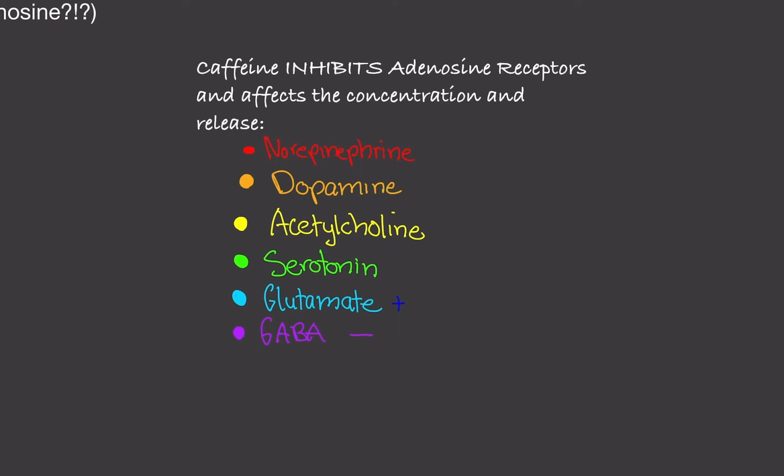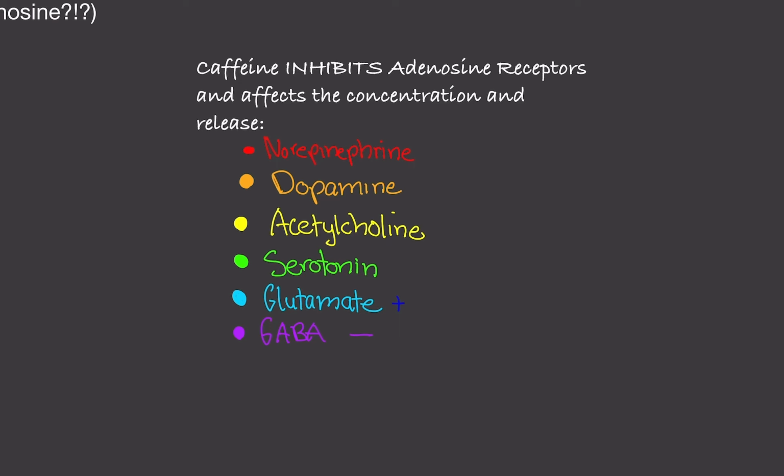Well, what happens is that caffeine comes along and tells acetylcholinesterase, hey, stay in the synapse, don't continue breaking down acetylcholine. Normally, acetylcholinesterase comes along and breaks down acetylcholine, so it cannot bind.